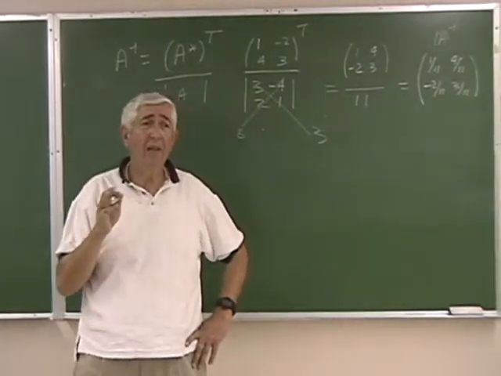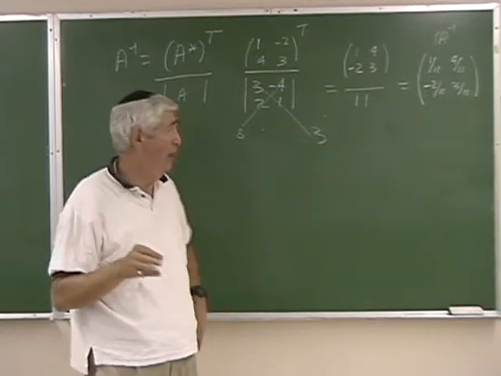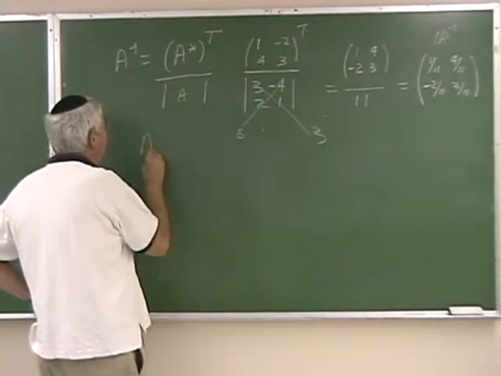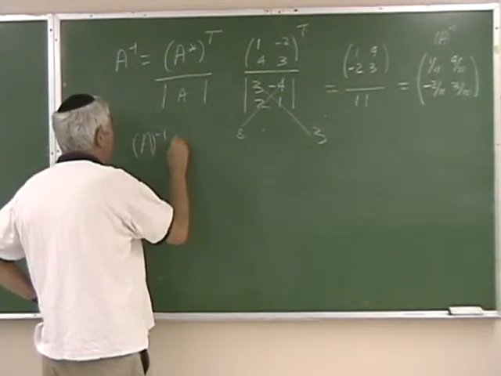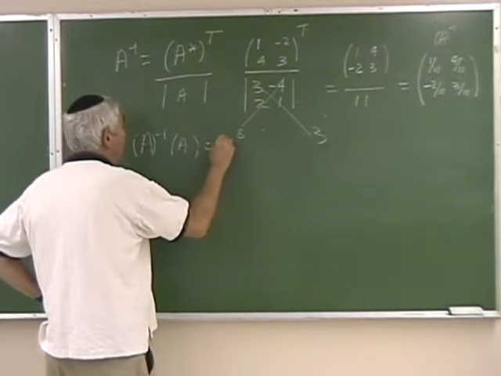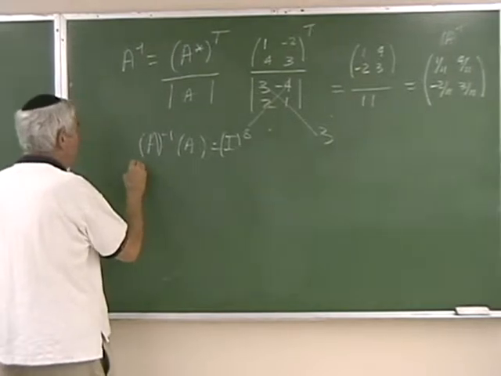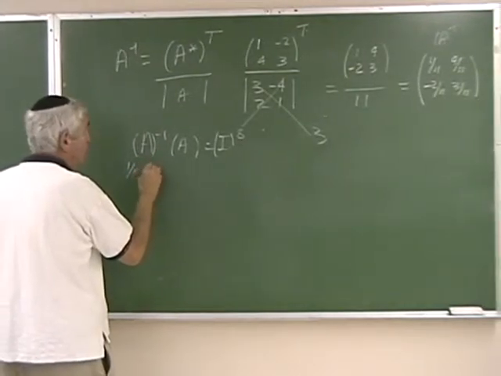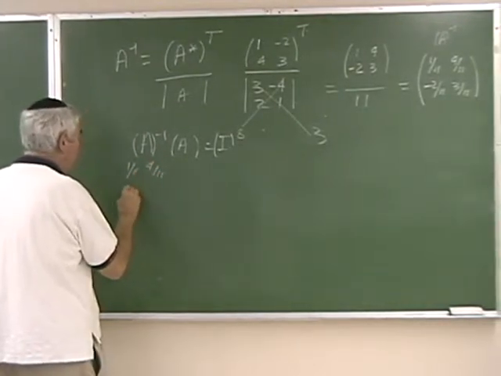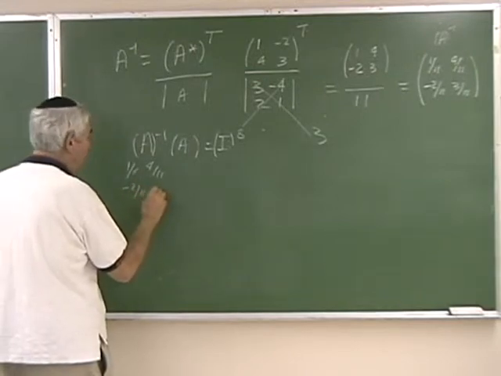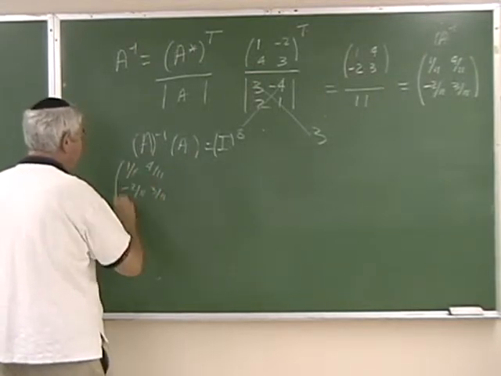If we're correct, A inverse times A should be the identity matrix, and I'm doing that now. So A inverse is 1 over 11, 4 over 11, minus 2 over 11, and 3 over 11.